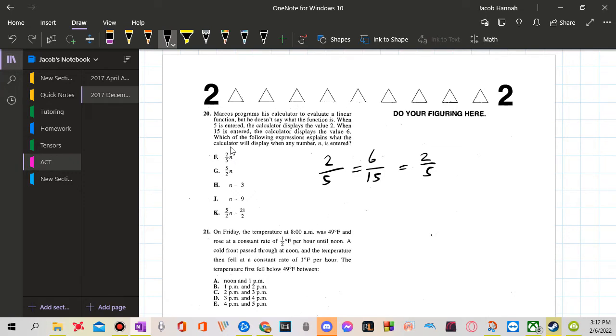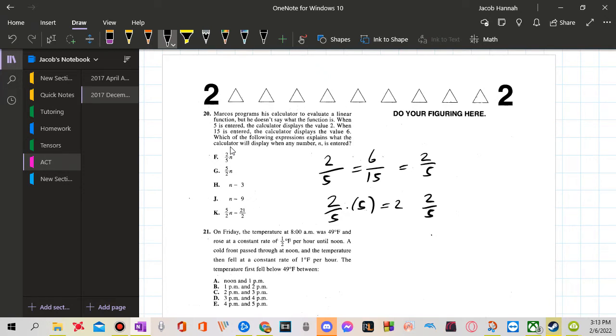So this is the relation. When you input 5, you get 2 out.